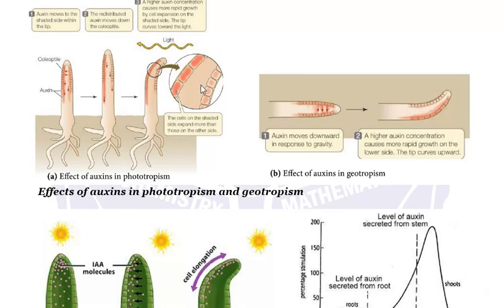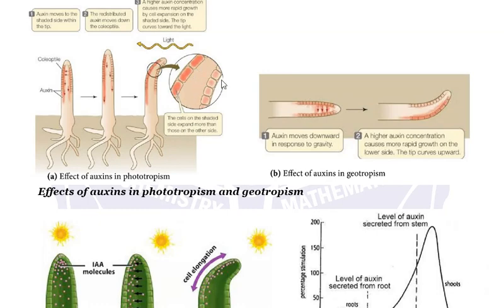As you can see in this diagrammatic presentation, the cells on the left hand side have elongated more as compared to the cells on the right hand side, which are shorter.